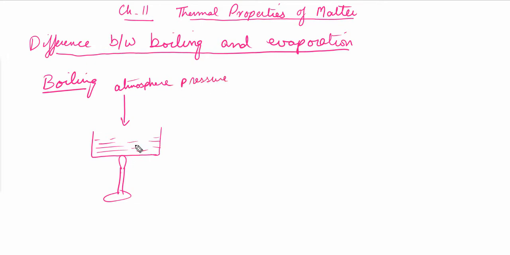The liquid will remain liquid until its pressure overcomes the atmospheric pressure. So when we heat up the liquid, the pressure of the liquid increases. There comes a point where the pressure of the liquid overcomes the atmospheric pressure, and at that point the liquid starts to convert into gas, and we call that process boiling, and that temperature is called the boiling point.